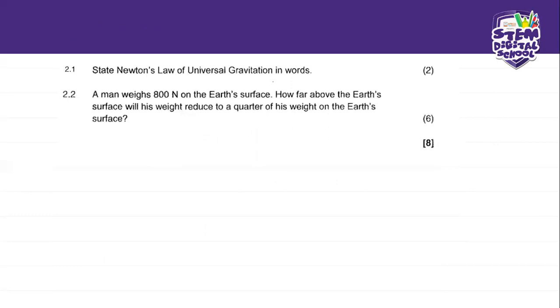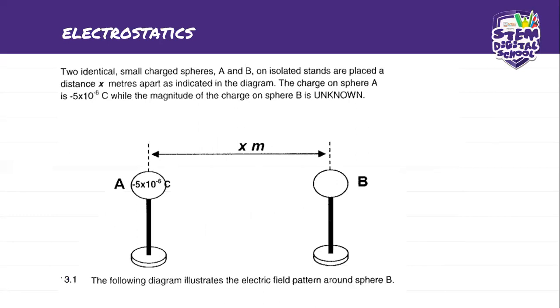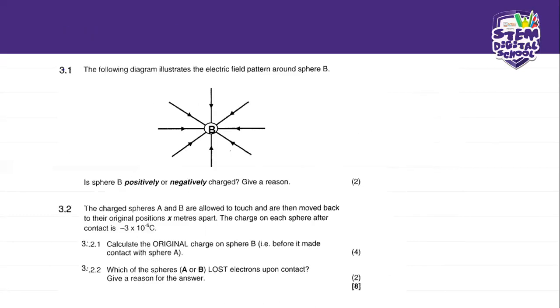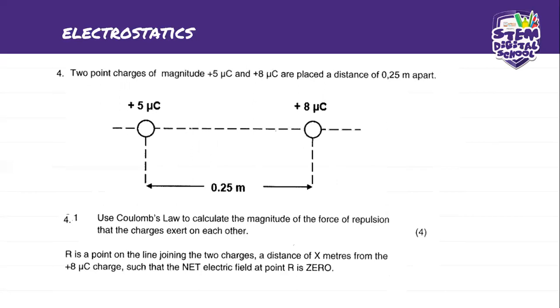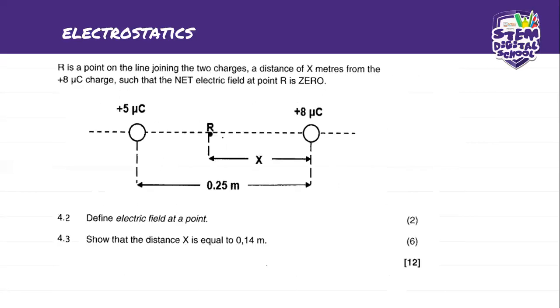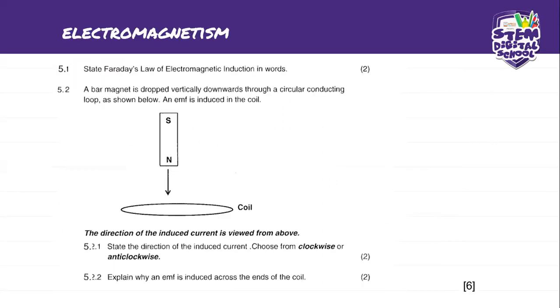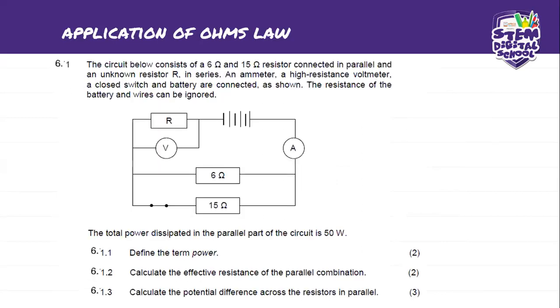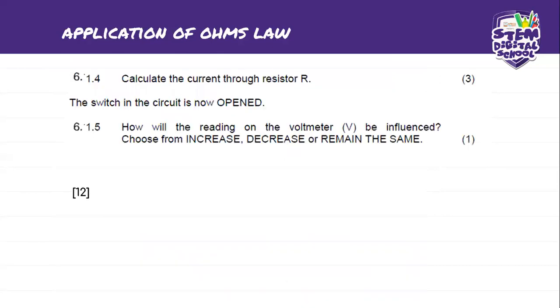We had number 3, electrostatics. Then 3.1 to 3.2. Then we had electrostatics continuing on the next, that's question 4. And this is a continuation of question 4. And then we had question 5. Okay. And then we had question 6. And this is the end of it.